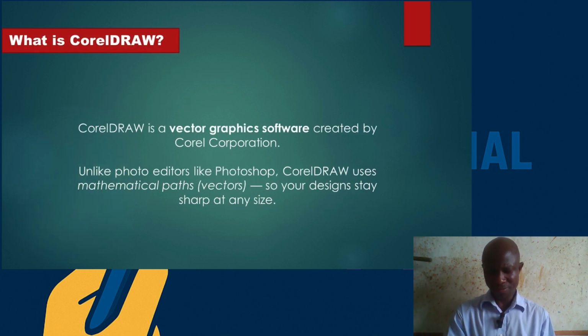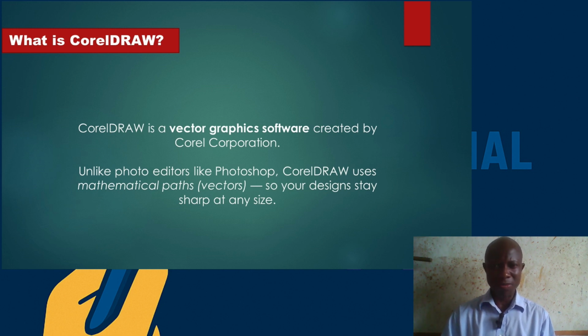From the screen, you can see clearly written, CorelDRAW is a vector graphics software. And this software is created by Corel Corporation. This is one of the best vector graphics software in the world.